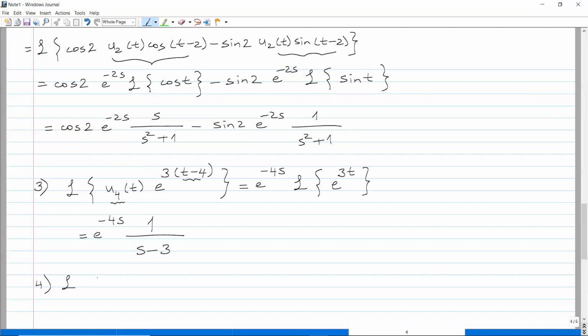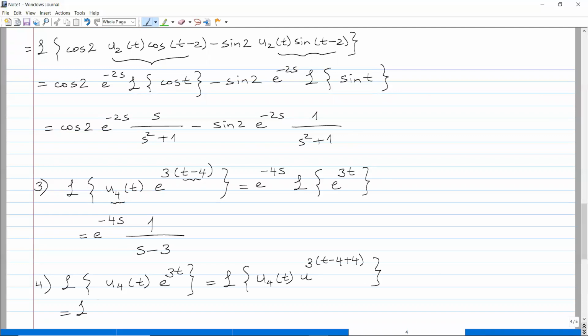Again, what if we have, instead of t minus 4, e to the power 3t? Again, as we did above, we need t minus 4 since we have the step function. So we subtract 4 and add 4.